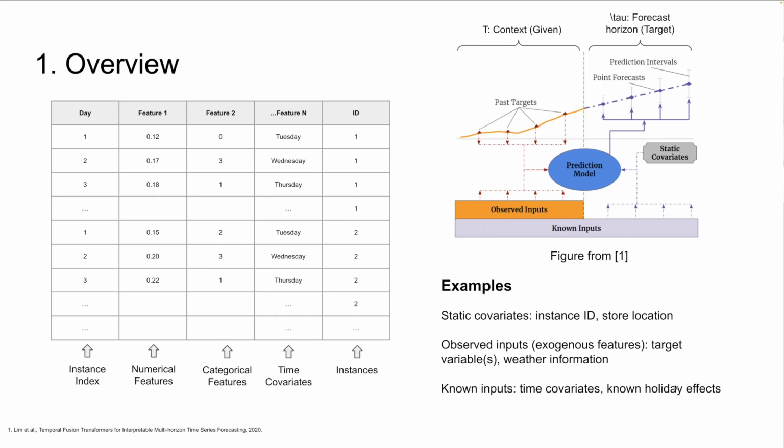If you know that in 5 days we'll have a Black Friday, you can also have the model take that in as a known input. Any of those can either be numerical or categorical features.